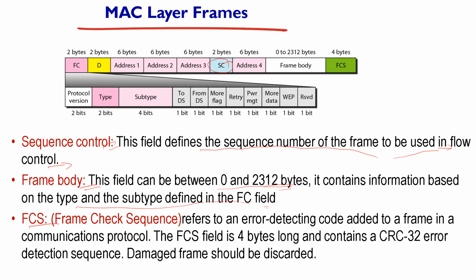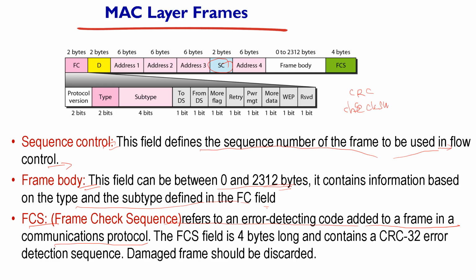Then FCS, frame check sequence, refers to an error detecting code added at the end of the frame. As in 802.3 and other wired networks, there we have used an error checking or error detection mechanism, CRC or checksum, as a trailer.